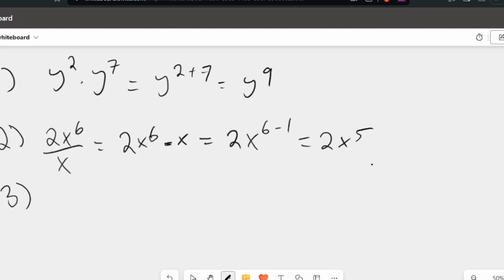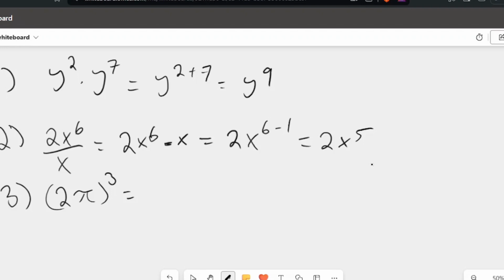Now, say we have our power rule. Say we have 2 pi to the power of 3. Again, you always think of the power as 1 if there's no power written right here.